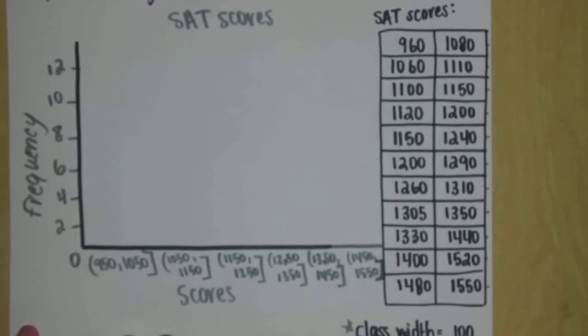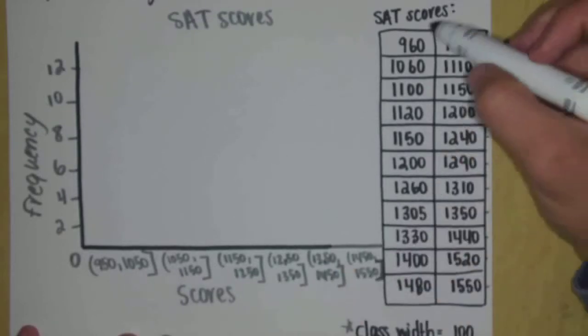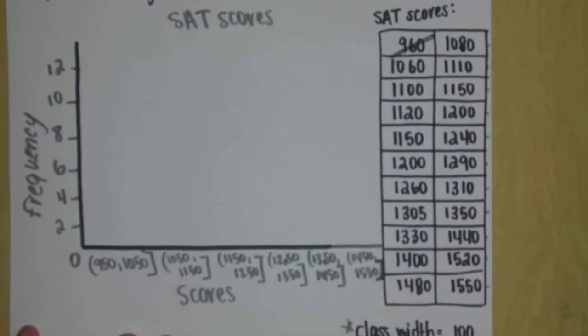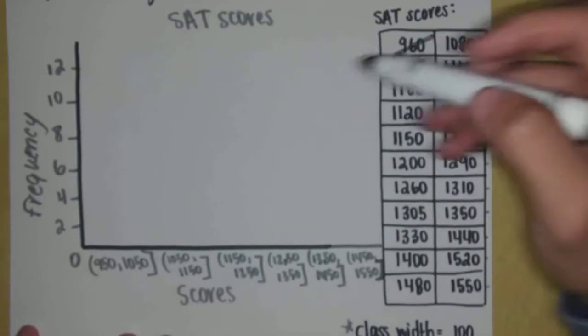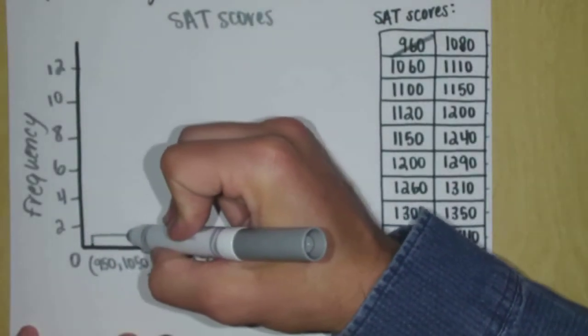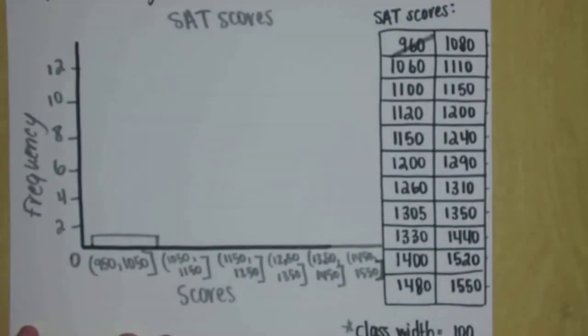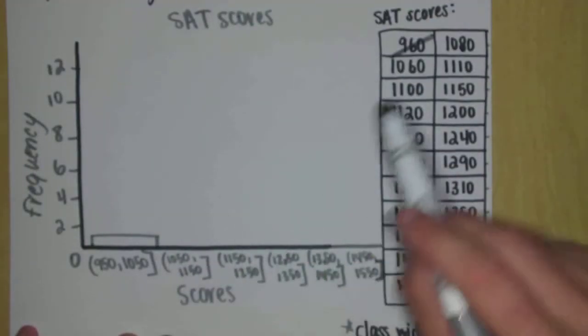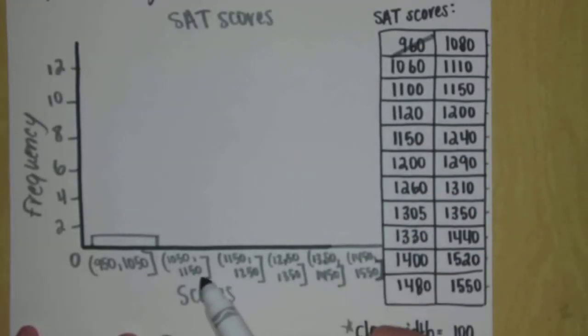So now's the easier part. I've got to count any number of scores less than 1050. There's one of them, that's a 1060, 1080, and the rest are in the 1100s or greater. So that looks like I just have one. So I'm going to go halfway between 0 and 2, because halfway between 0 and 2 is 1. Then any number that I haven't crossed out up to 1150.